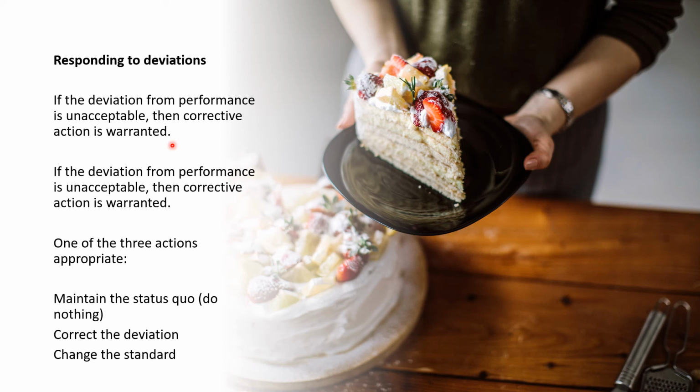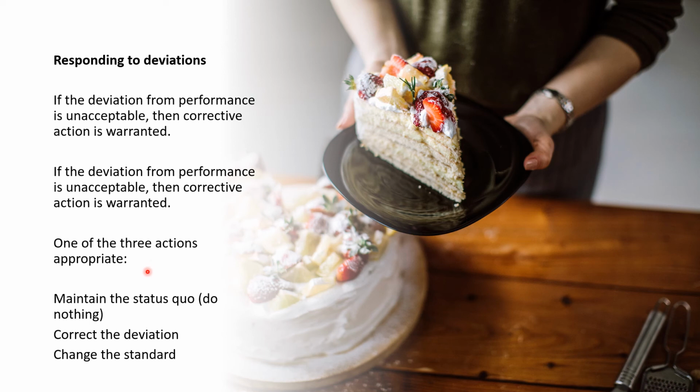It means that the sweetness must be exactly like the standard, so you cannot accept that it is less sweet, so you have to redo it. You cannot accept it, so you have to take corrective actions. If the deviation from performance is unacceptable, then corrective action is warranted.